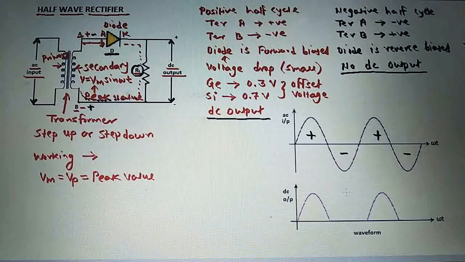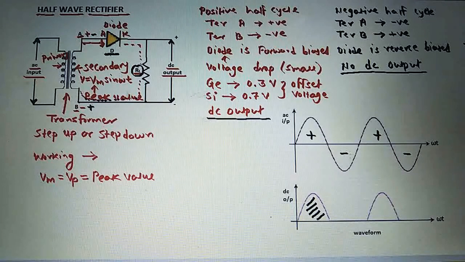As we have already seen, during the positive half cycle, the diode is in forward bias and conducting, so the current flows through the diode. So we will get the DC output across the load resistance. See here, during the positive half cycle of the AC, we will get the DC output here.